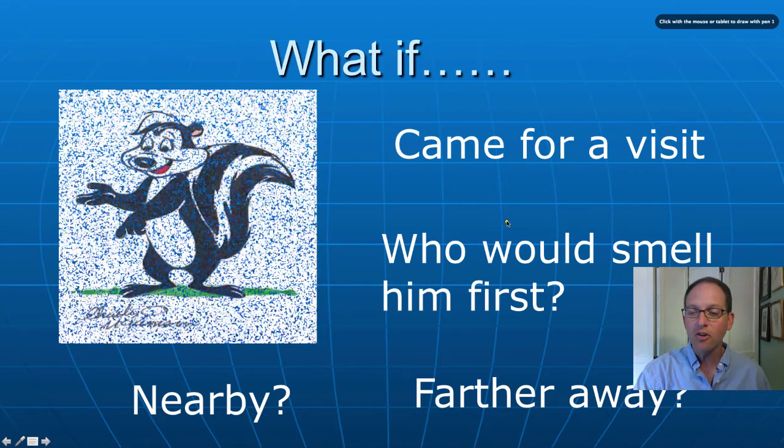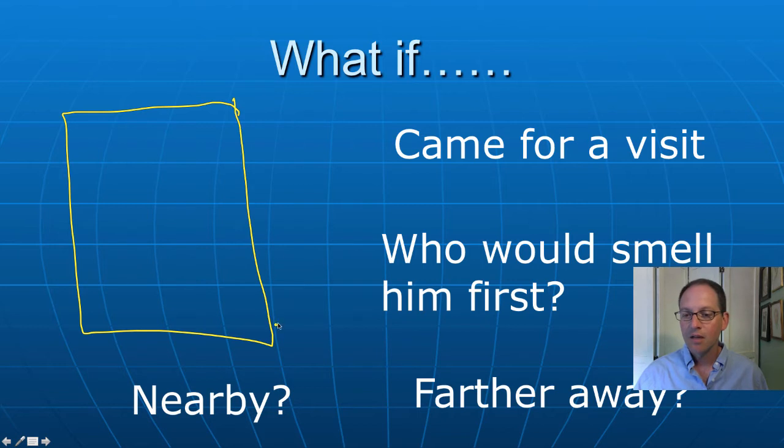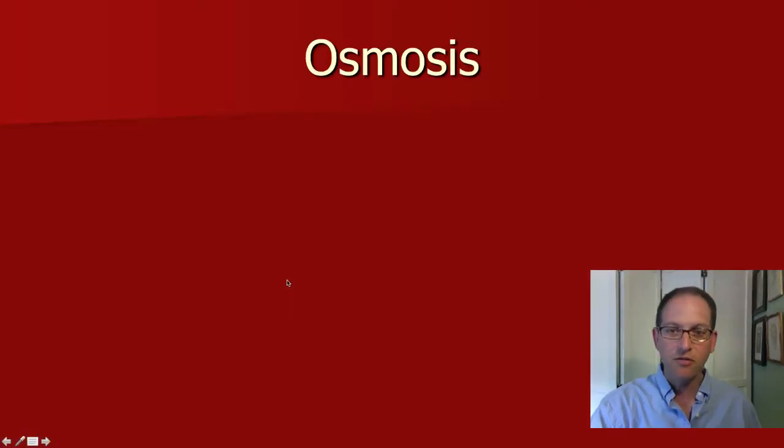If this is our room, and here's the door, and the skunk came in here, and you happen to be sitting here, and someone else is sitting over here, obviously the stench is going to reach here first before it reaches there. Well, that's an example of diffusion. It's going from high concentration to low concentration.